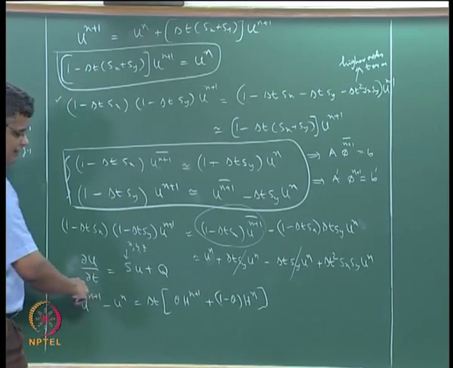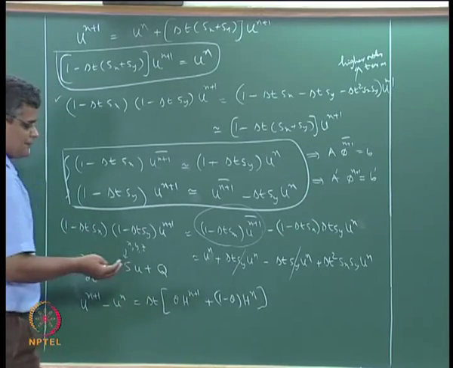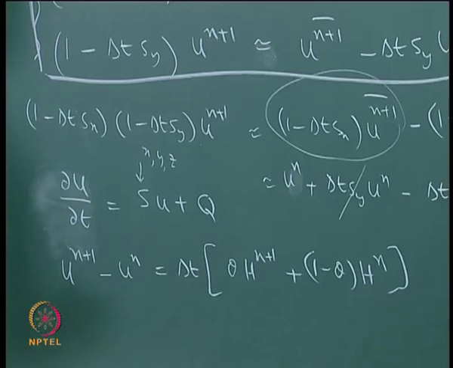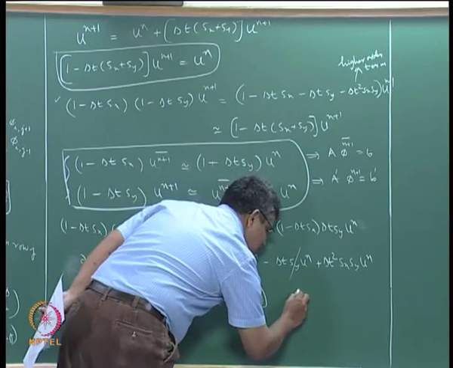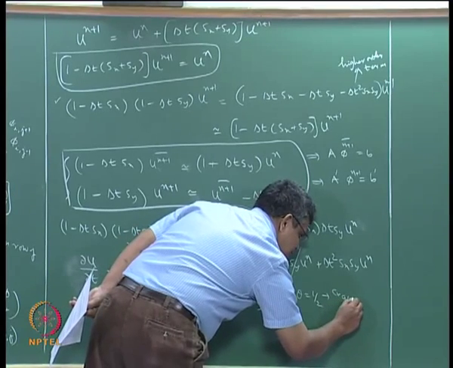So depending on the value of theta that you put, you can have as much explicitness or implicitness included in this, and for the specific case of theta equal to half, you get the Crank-Nicolson scheme.